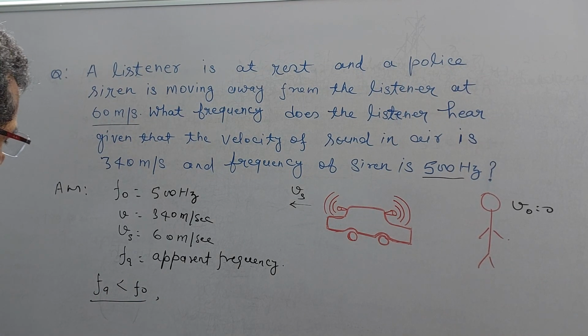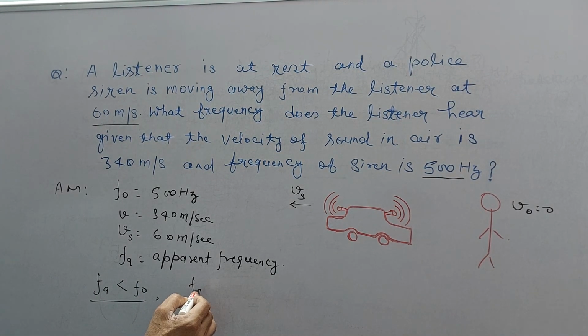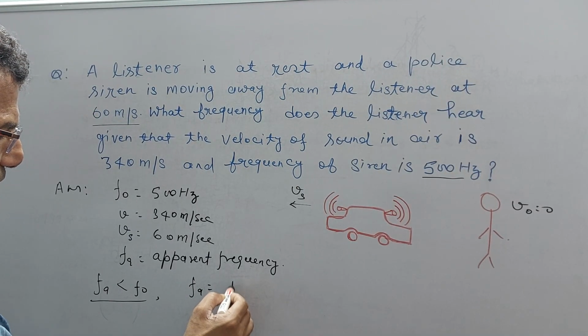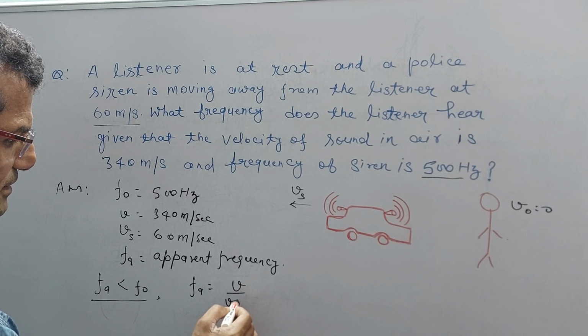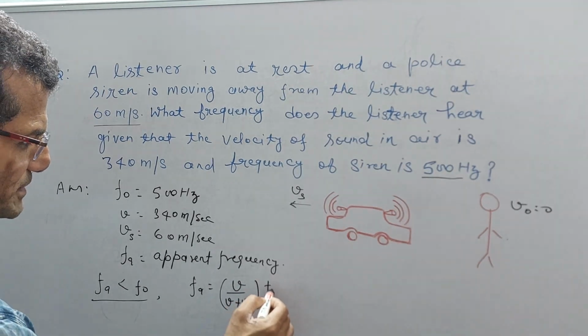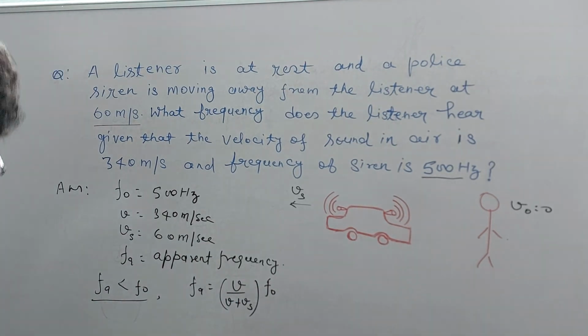Our formula for finding the apparent frequency is V divided by V plus the velocity of the source, multiplied by the original frequency of the sound.